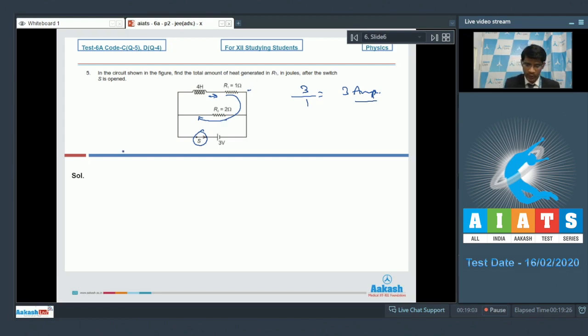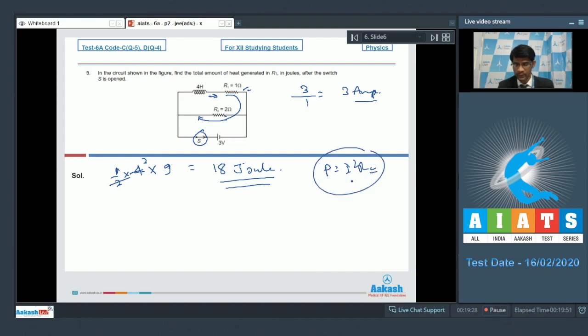So the total energy in the inductor was how much? It is 1/2 L I squared. It is 9, so this time it is 18 joule. And this 18 joule will now be dissipating across R1 and R2. So definitely the power dissipation across the resistance, what we know, is P equal to I squared R. It is proportional to the resistance.